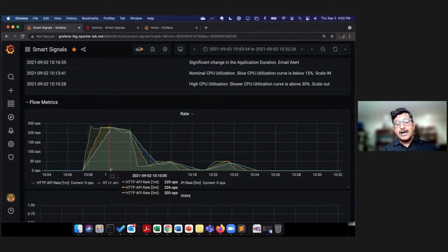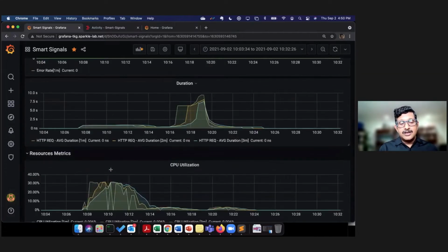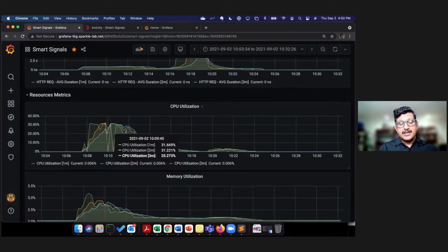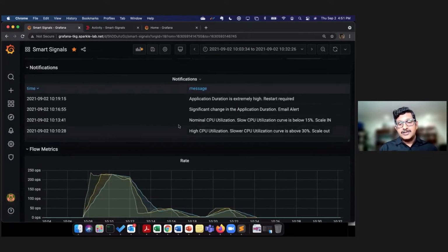That means you are having a sustained request rate of more than 3 minutes. At this time, we also monitor the CPU utilization, and in this case, it crossed the threshold of 30%, as you can see here. This is a signal, so we capture this signal and create an alert for it. That's the alert you see here, the high CPU utilization.